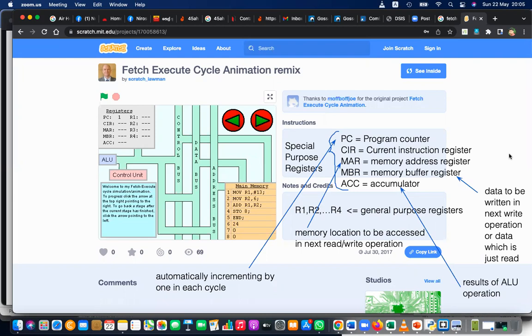And then memory buffer register is the data that is just read or data that is to be written in the next write operation. Accumulator is the immediate result of ALU. That is it. These are special purpose registers.